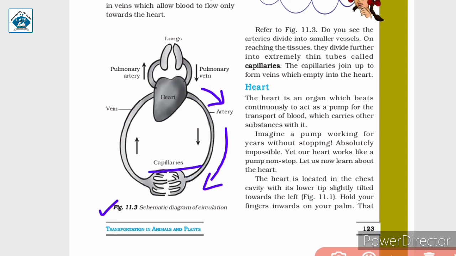Now these capillaries carry blood rich in oxygen to all parts of the body, to the tissues of the body, and then they carry deoxygenated blood, or the blood which is rich in carbon dioxide, from all parts of the body, and it groups up to form the vein, and this vein empties into the heart. So using this figure, we can easily understand the circulation of blood in our body.